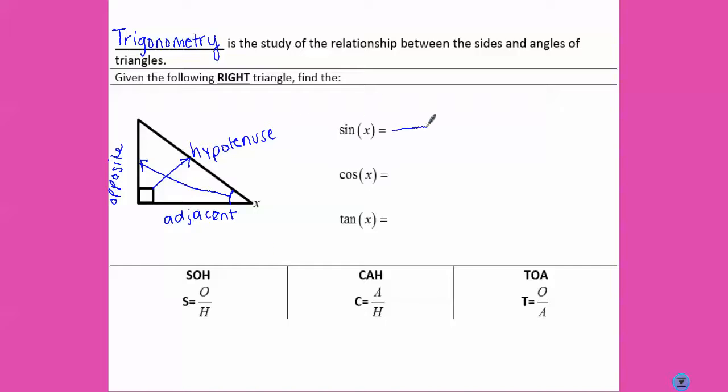Sine of x will always be the opposite side over the hypotenuse. Cosine of x is always the adjacent side over the hypotenuse.